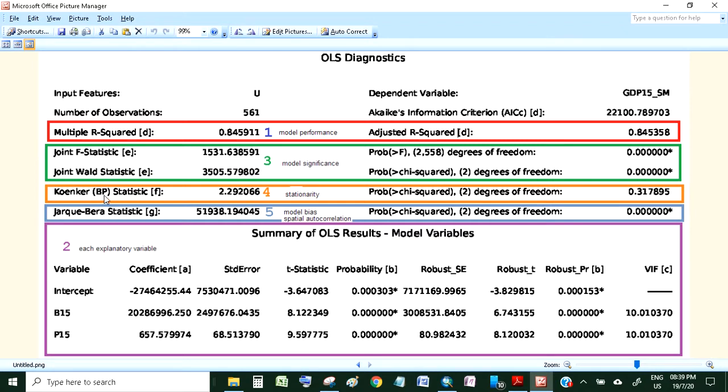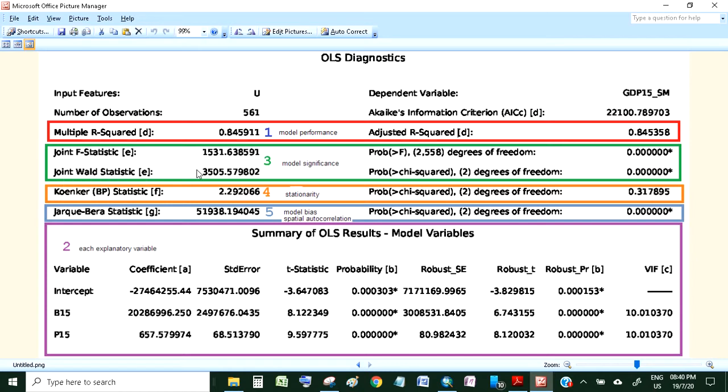If you see this Koenker statistic here, it is not statistically significant, because there is no symbol given. When it is not statistically significant, then this joint F statistic is important and trustworthy. If the Koenker statistic is significant, then you should consult the joint Wald statistic.